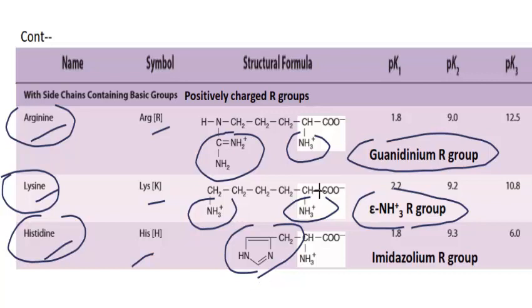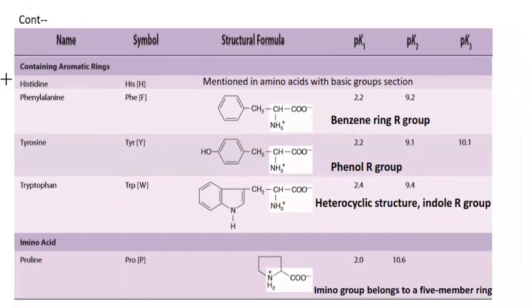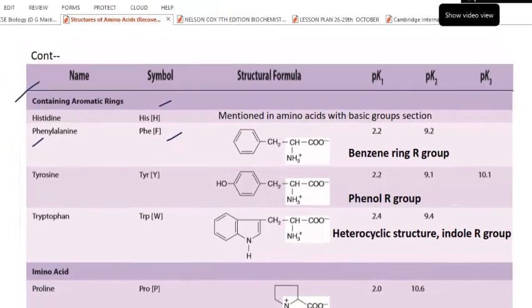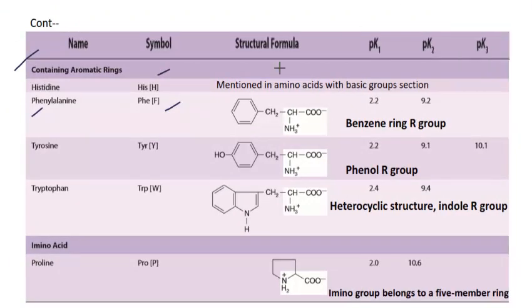So now coming to the aromatic amino acids containing the aromatic ring, for example histidine H, phenylalanine F. You can speak along with me, no problem, that will help you in learning, and you can also note it down. Okay. So phenylalanine F, benzene ring you can see, tyrosine Y, phenol R group is there.